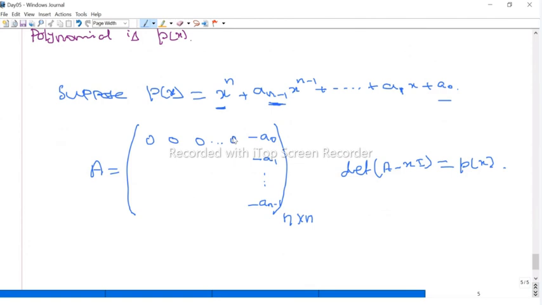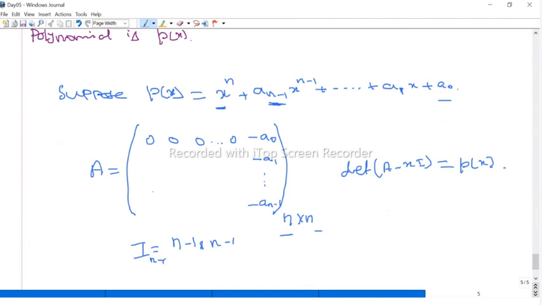Now the remaining thing is to take the identity matrix. I already gave one row and one column. There are n rows and n columns totally. Therefore, in the remaining n minus 1 rows and n minus 1 columns, I take that position to be the identity matrix of order n minus 1.